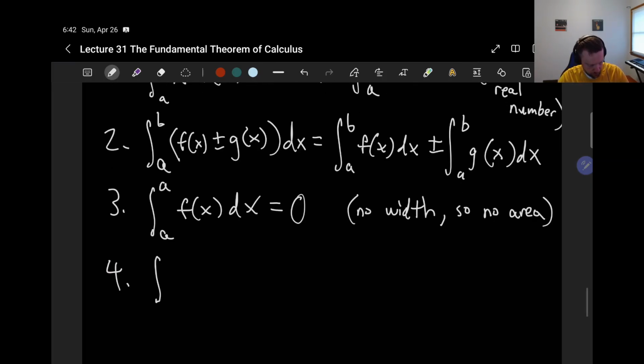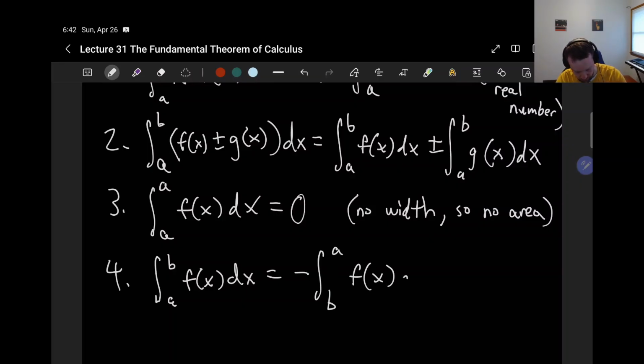Number 4. If I switch the order of these limits of integration, I'm allowed to do that. It's just that you'll pick up a negative. Now, intuitively, it may seem weird to put the larger number as the lower limit of integration, but mathematically it works as long as you deal with this negative.